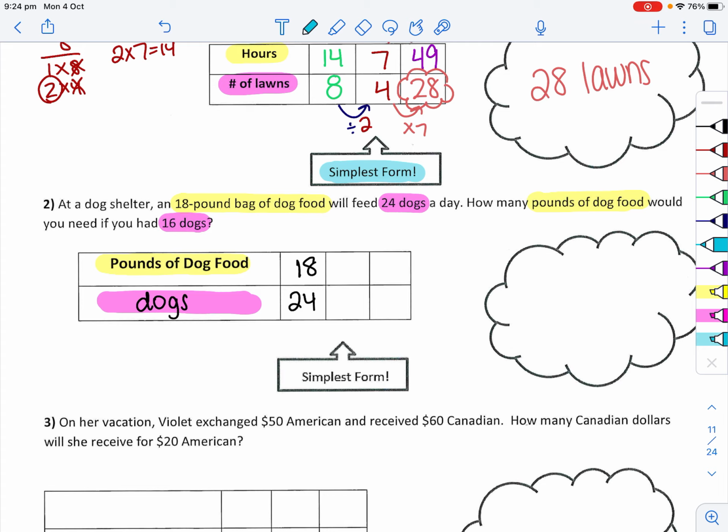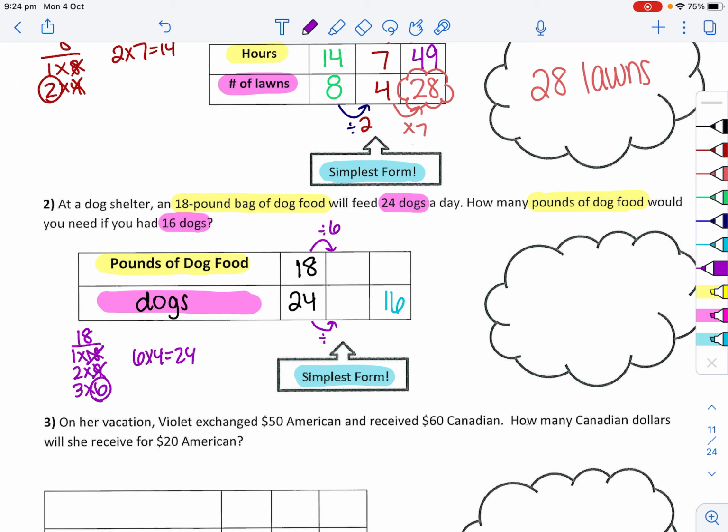So I'm going to look at my 2 values. I know that this is going in the pink part of my table, so 24 and 16. There's nothing that I can divide by to get from 24 to 16 in one shot, so I'm going to put 16 at the end. And I am going to find the simplest form here in the middle. So I am going to figure out what I need to divide by on both the top and the bottom. So I'm going to use 18. 1 times 18, 2 times 9, 3 times 6. We already know 18 doesn't work. 9 does not go into 24, but 6 does. 6 times 4 is 24.